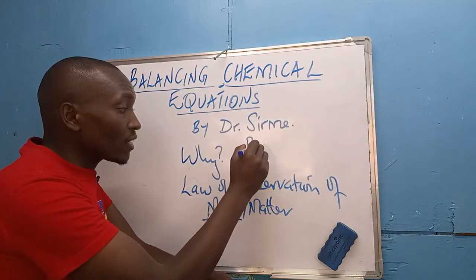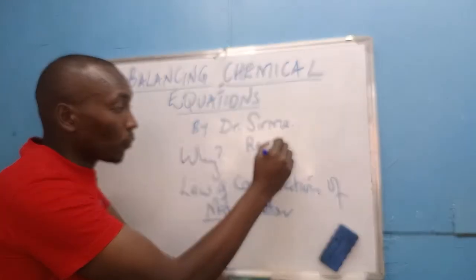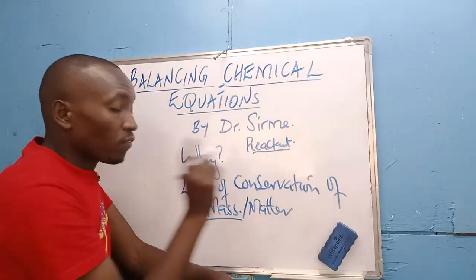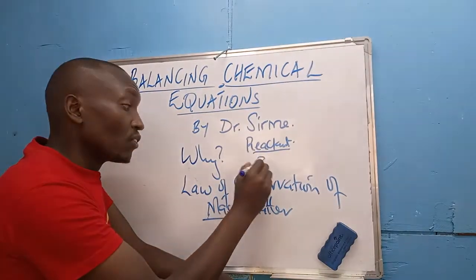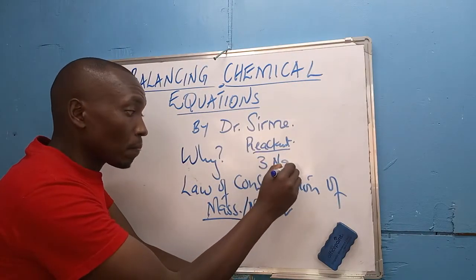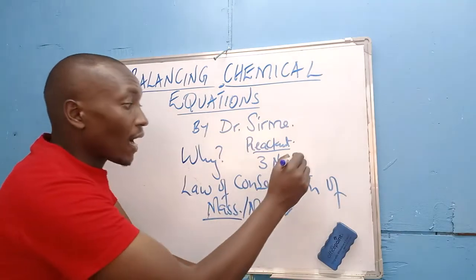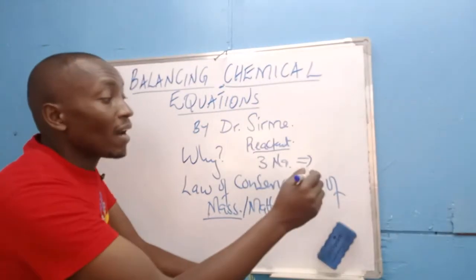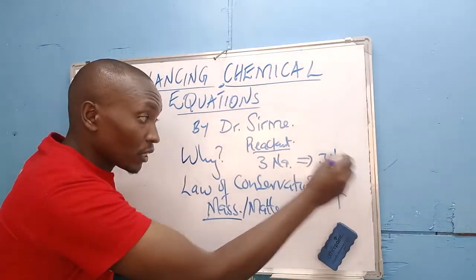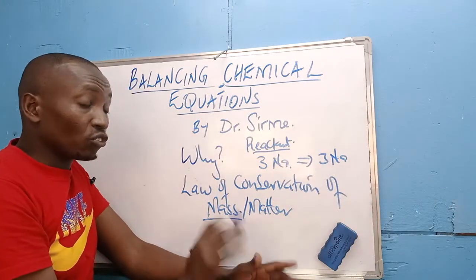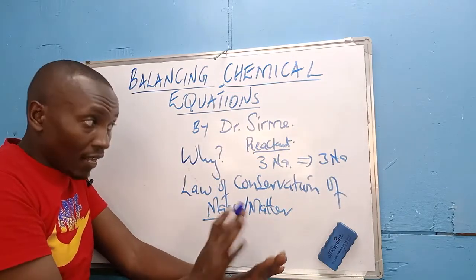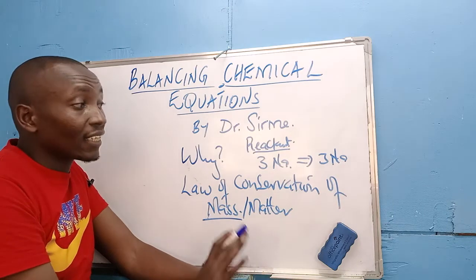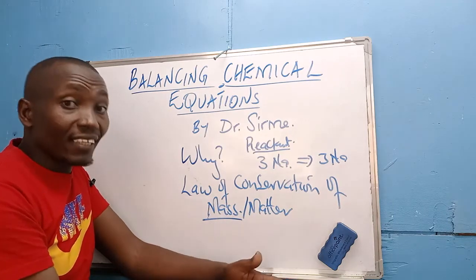If you're having the reactants, if for example I have 3 atoms of sodium, at the end of the story, I must have 3 atoms of sodium. I cannot destroy matter or rather mass. I cannot destroy or rather create.